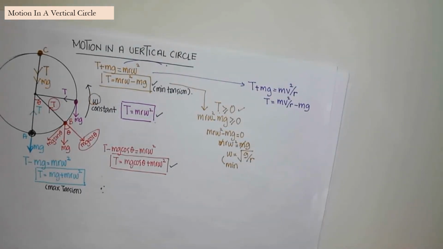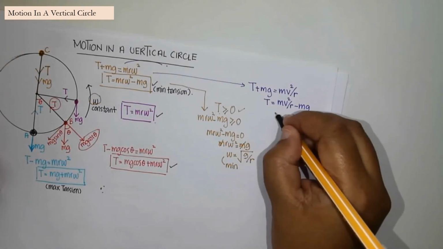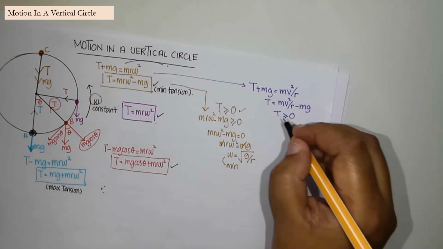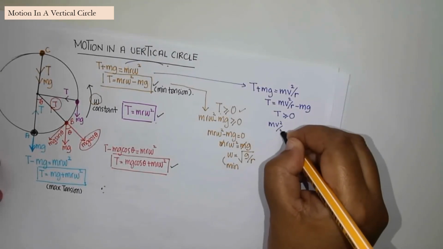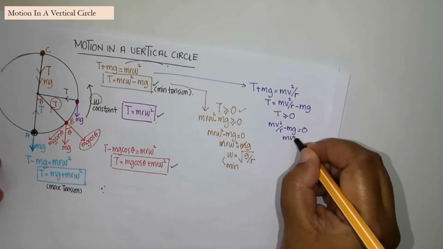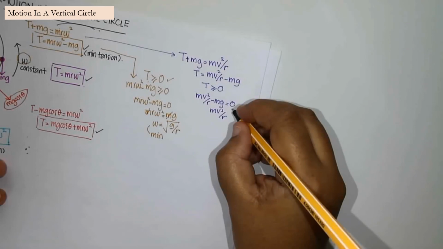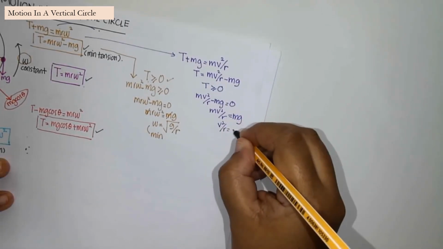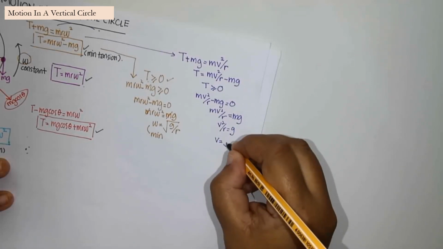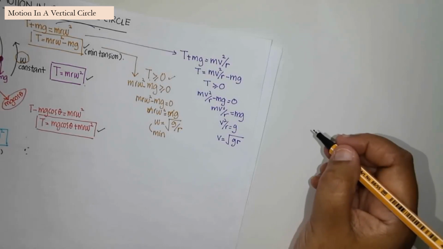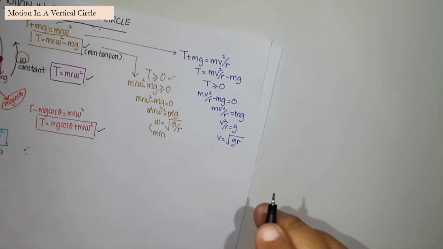So for the stone to make a complete circle, what has to happen? T has to be greater than or equal to 0. So the minimum will be mv square over r minus mg equals 0. So we get mv square over r equals mg. So v square over r is equal to g. So v equals square root of gr. Okay, v equals square root of gr.